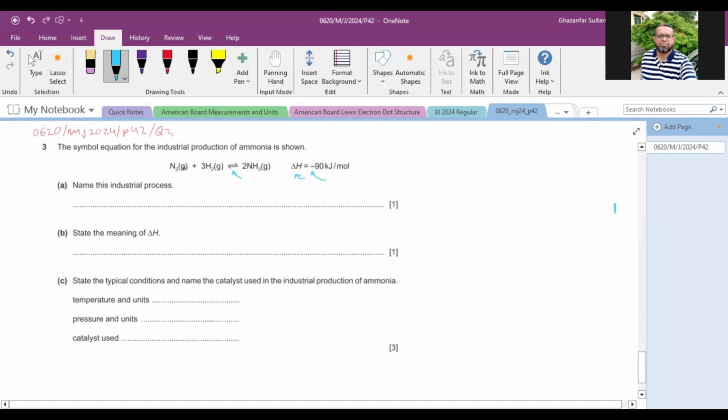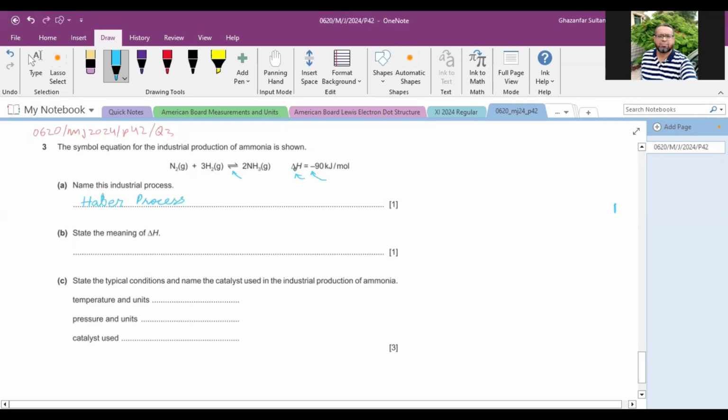Both the reactants and products are in the gaseous state. So name this industrial process. This is the industrial process for production of ammonia, and the name of the scientist is Haber, who developed this process. So that's why this is called the Haber process.